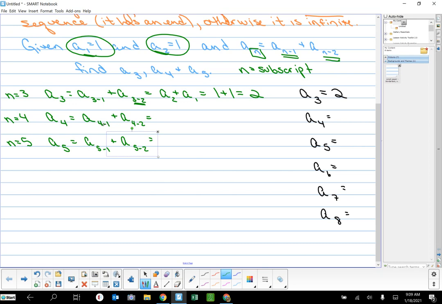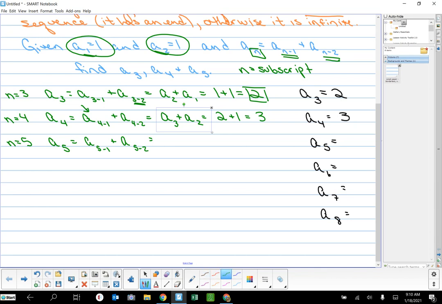Okay, so now, going back up to this guy right here, 4 minus 1 is 3, and 4 minus 2 is 2. So we have a sub 3 plus a sub 2. We know a sub 3, we just found that. A sub 3 is 2. And we know a sub 2, that was given in the problem, is 1, and this equals 3. So this guy is equal to 3.